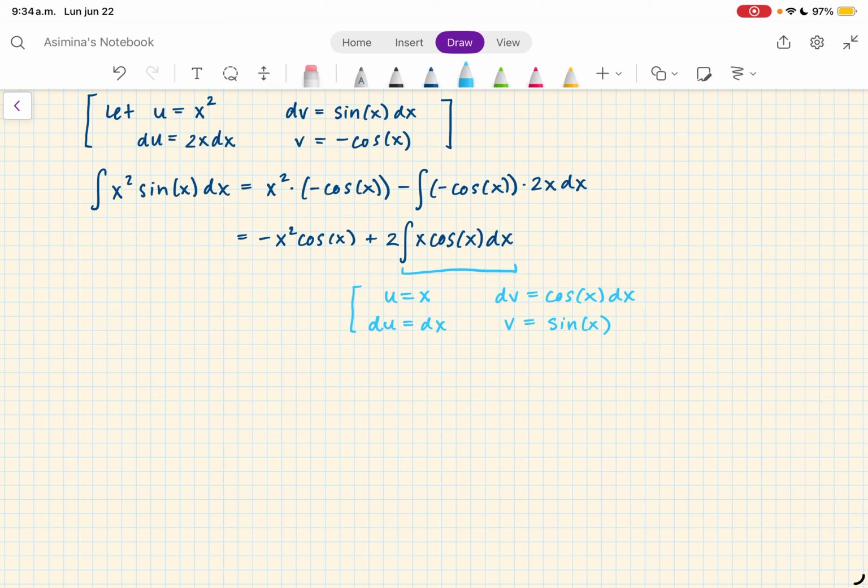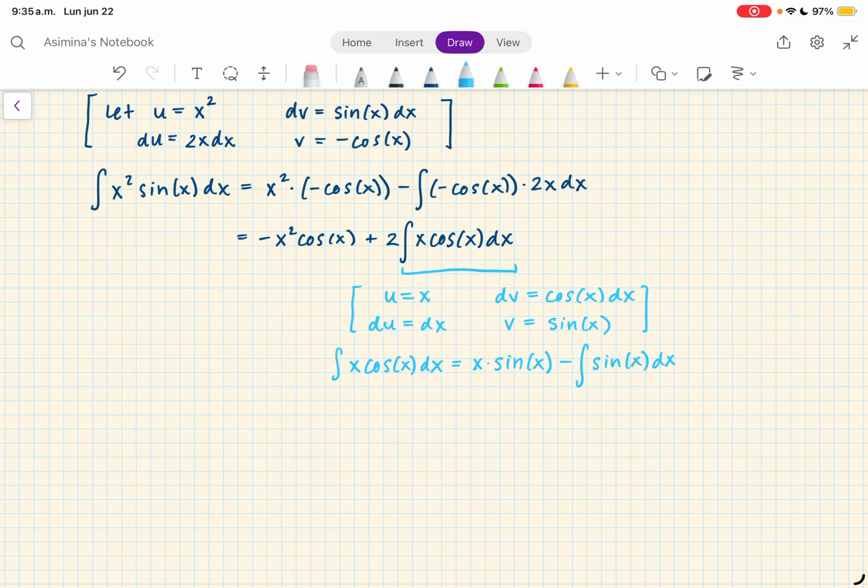Okay, so now I'm going to use this substitution. So this tells me that the integral of x cosine of x dx equals u times v, which is x sine of x, minus the integral of v du, which is sine of x dx, right?